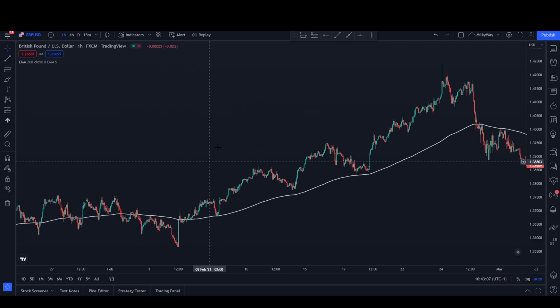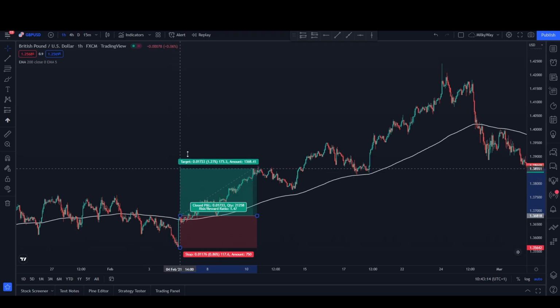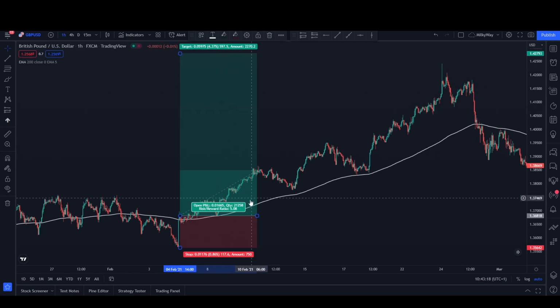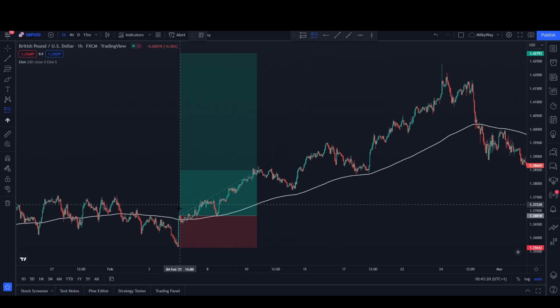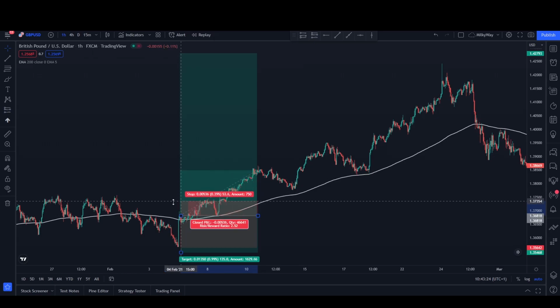So essentially you would go long, the last swing being here, and you would aim for a 1 to 5. But also you would go short at the same time. You could either put your stop loss here or right here, but either way, you would have been stopped out.